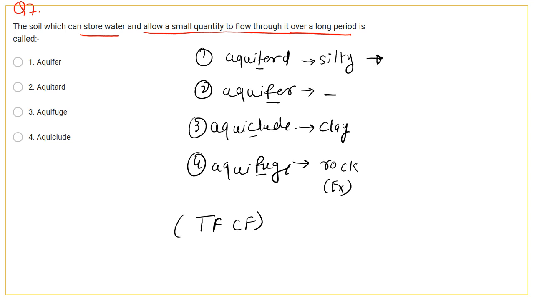Next, how to identify which is aquifer, aquitard, aquiclude, and aquifuse. For that, first, this structure is porous and non-porous. Okay, then porous and less permeable.